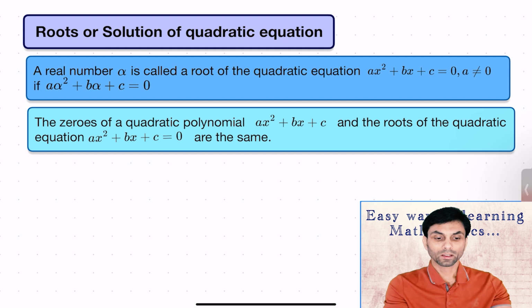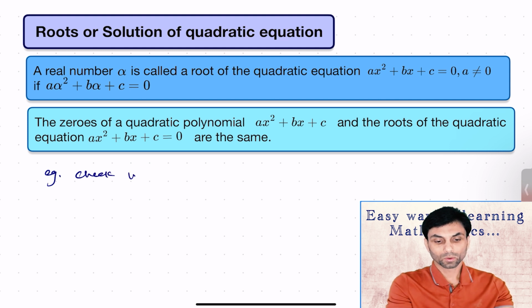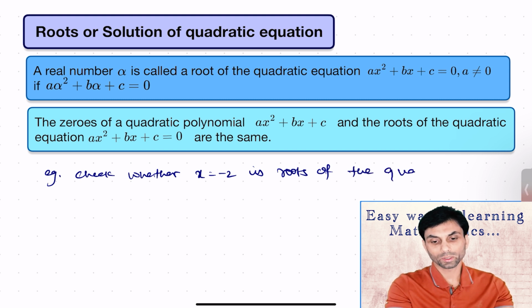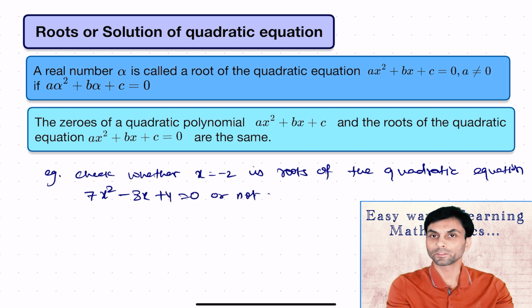Next, we'll also be checking with an example: check whether x equals minus 2 is a root of the quadratic equation 7x square minus 3x plus 4 equals 0 or not.